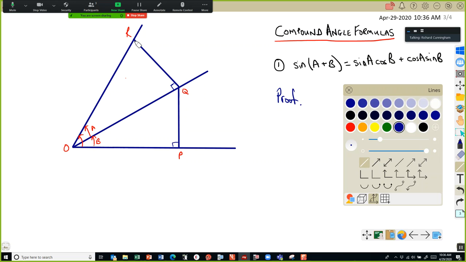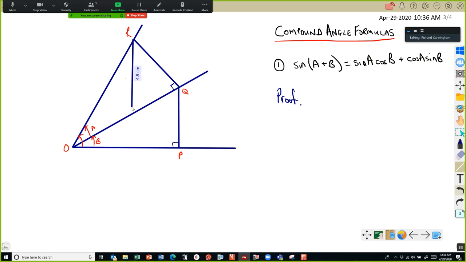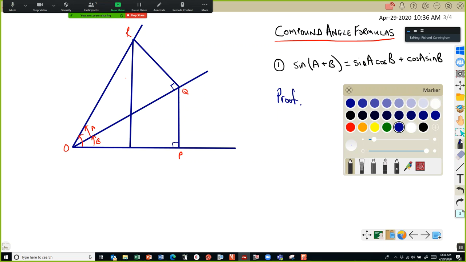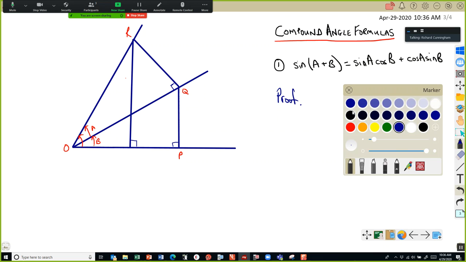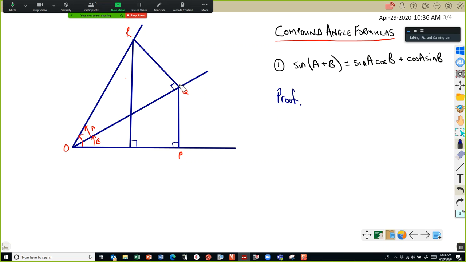The first one I'm going to draw is a straight line down, which is going to meet at 90 degrees. The next construction line is just going to go straight through and make another right angle triangle.